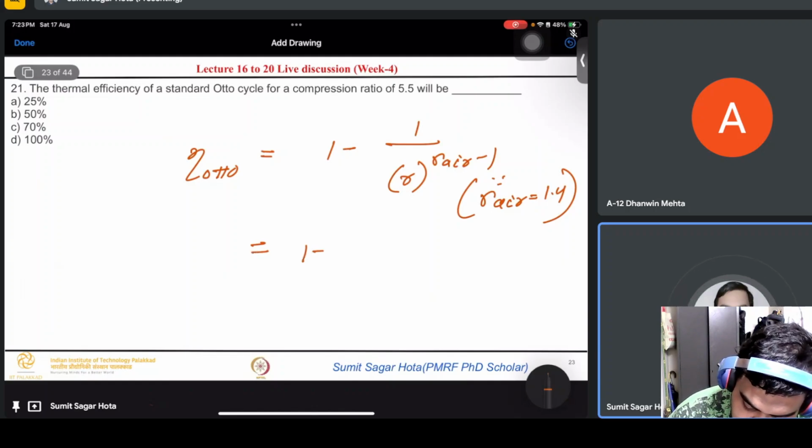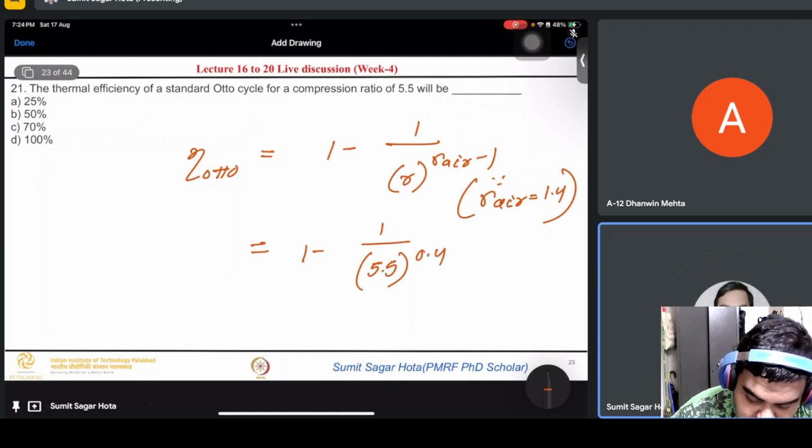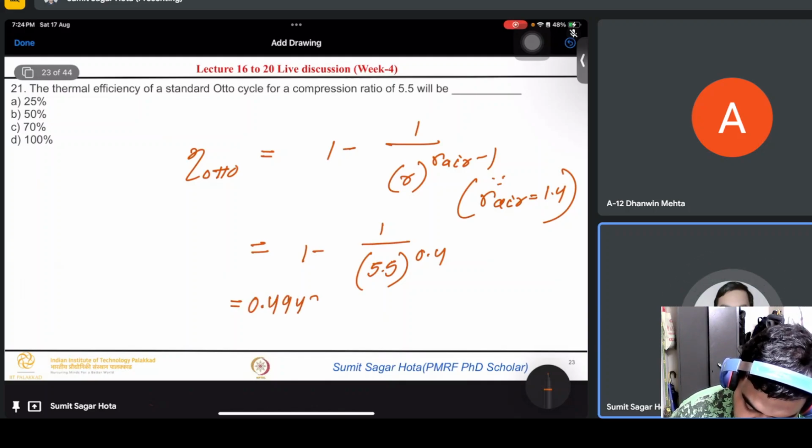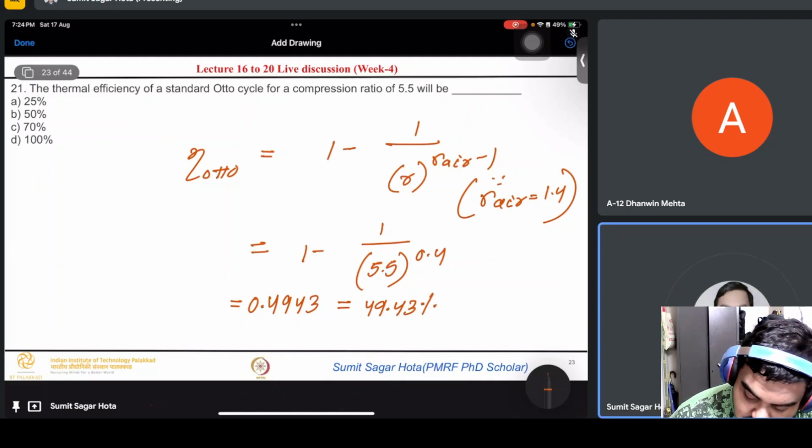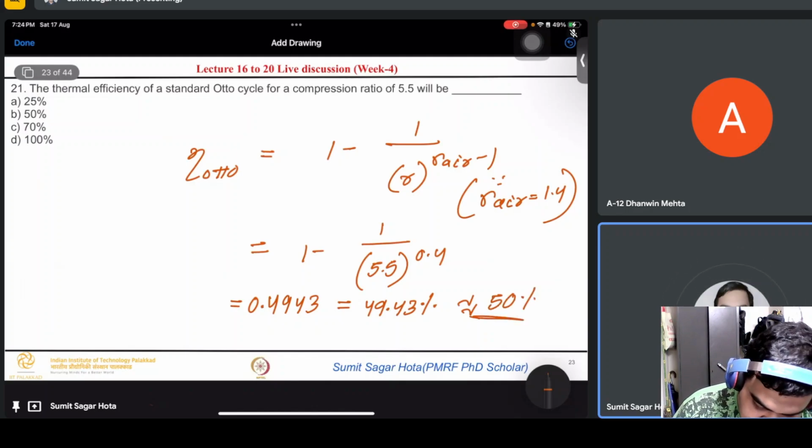So 1 minus 1 by 5.5 to the power 0.4. You calculate it, it comes out to be somewhat 0.4943, and if you convert it into percentage it will be 49.43 percent, which is near to 50 percent. So the answer is B.